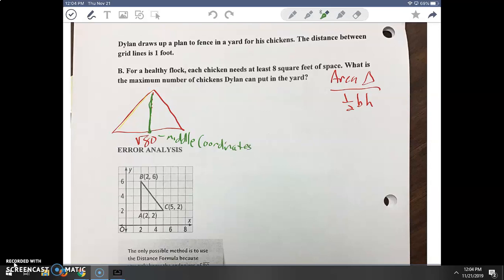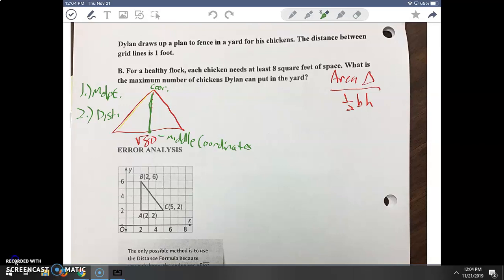Once we have the coordinates up here, then we can use the distance formula. So the first thing we need to do is find the midpoint. Second, distance. Let's do both of those and we'll come back.